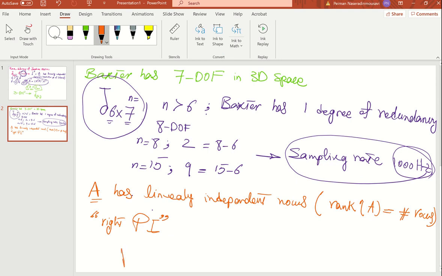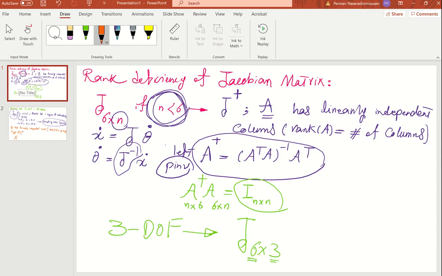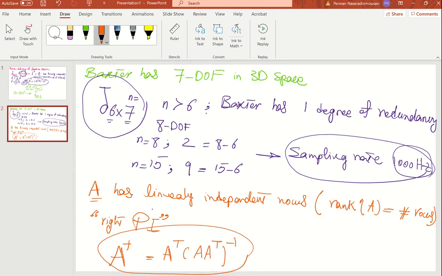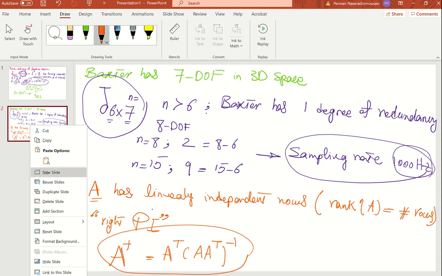How do we calculate that? The right pseudo inverse is like this: A transpose times (A A transpose) inverse, and that's it. This is the right pseudo inverse when you have a degree of redundancy for the robot manipulator.